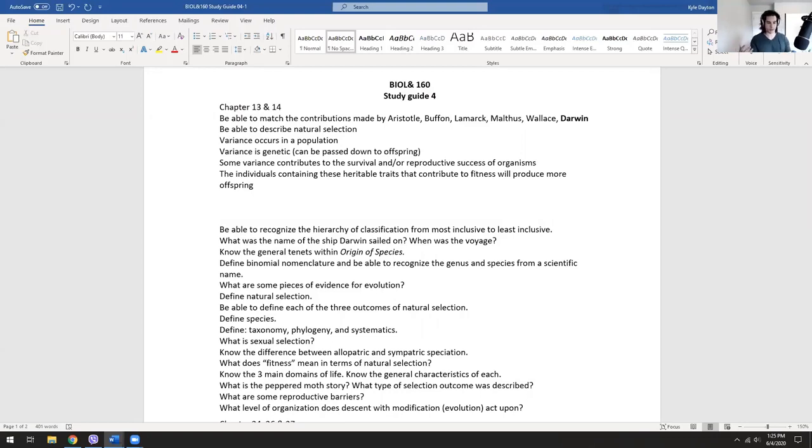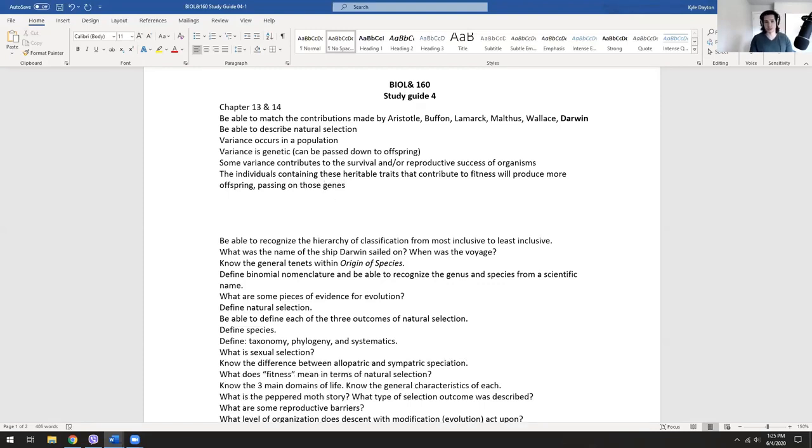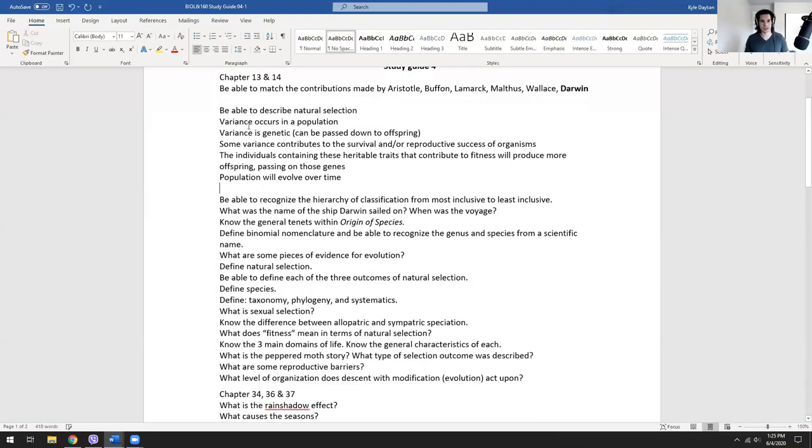So from here we can conclude, because the individuals containing these heritable traits reproduce more offspring, passing on those genes, that would lead to a shift in the population. So the population will evolve over time. I tie natural selection and evolution together, so it's probably going to ask for evolution as well. So that's what I would roll with here.